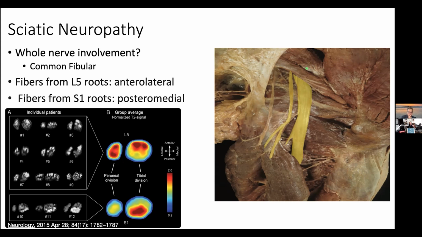Could some of it be due to the fact that distally it appears, and correct me if I'm wrong on this, that the tibial nerve is a little bit less tethered than the common fibular nerve at the fibular neck?